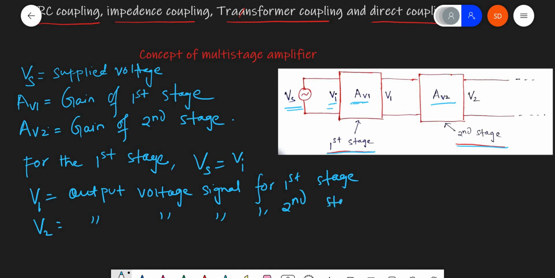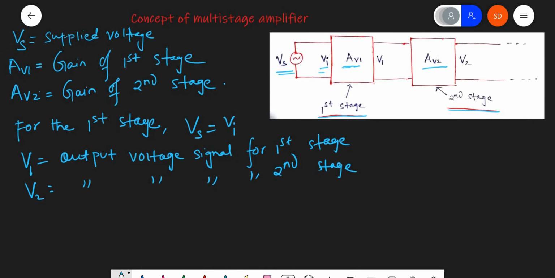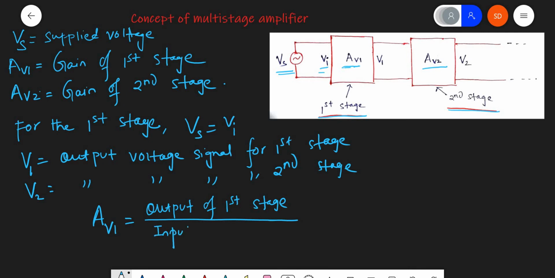Now we know that gain in voltage is given by output voltage divided by input voltage. So AV1 is equal to the output of the first stage divided by the input of the first stage.